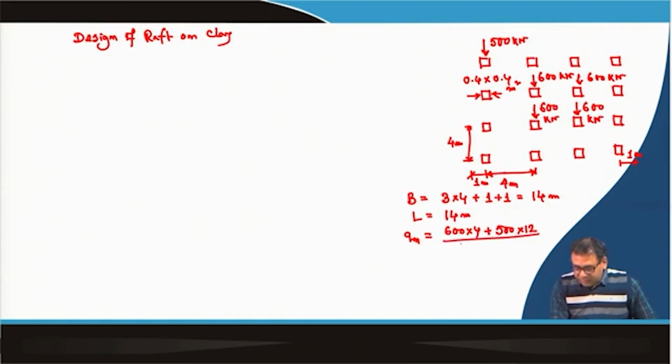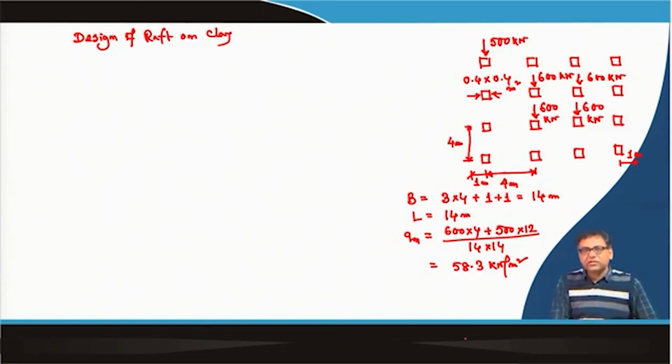So, the total load is this much, and then the area is 14 cross 14. So, q net is 58.3 kilonewton per meter square. So, the net stress which is acting on the foundation is 58.3 kilonewton per meter square.